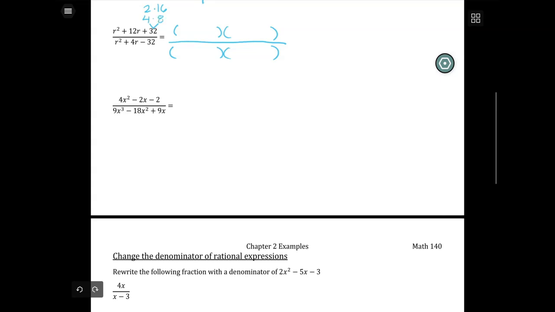Okay, so I think that's what I want. 8 and 4 add up to 12. So I'm going to say I have r plus 4, r plus 8. Order doesn't matter. And then in the bottom, I need factors of negative 32 that add up to 4. And I actually think, looking at that, I want the same pair.